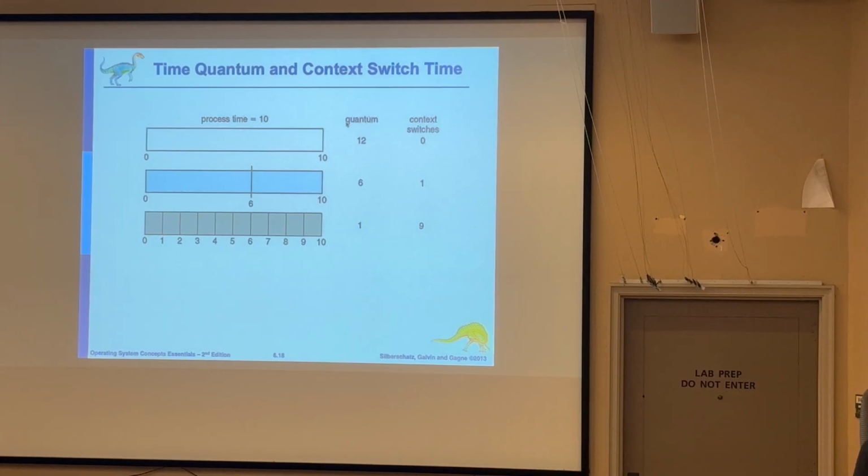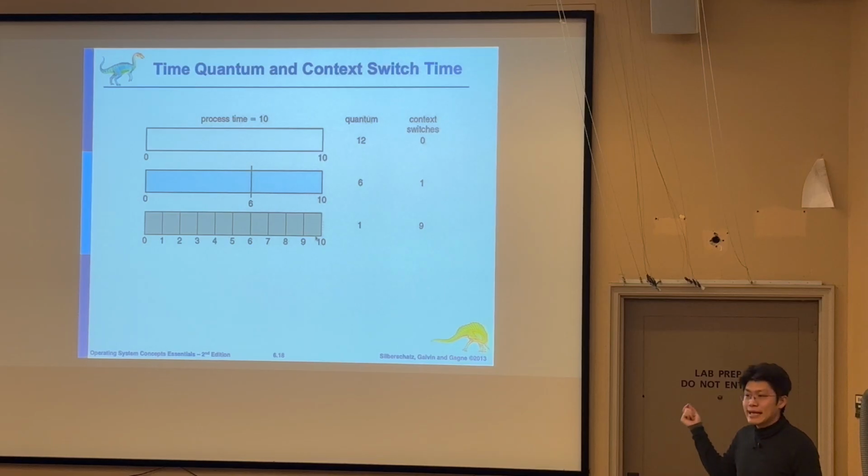If the quantum is 6, it means that at time 6 you might do a context switch if there is another process that has equivalent or higher priority. If the quantum is 1, it means that you might be doing a context switch very often, every 1 millisecond, and there is a trade-off here.